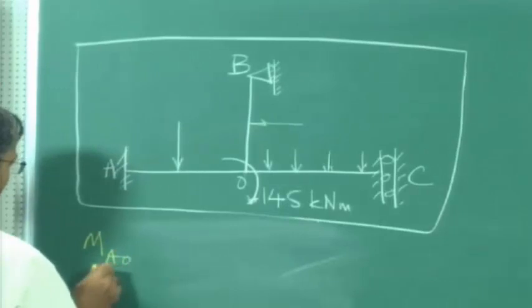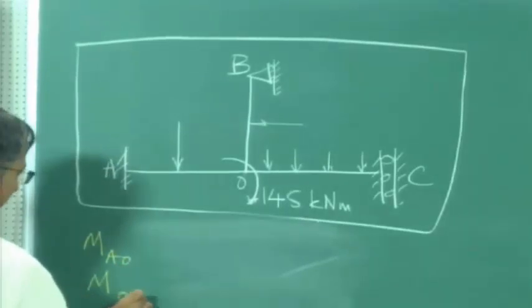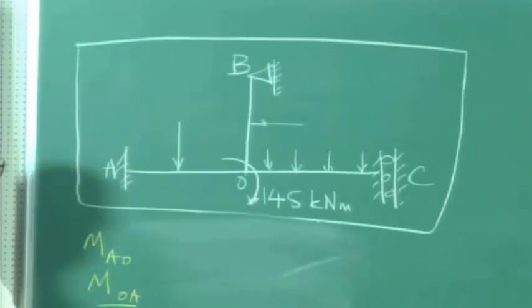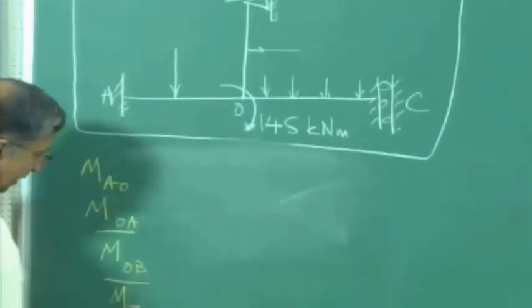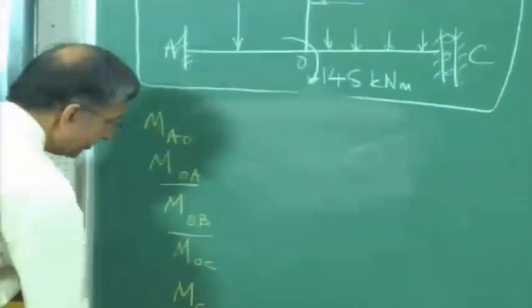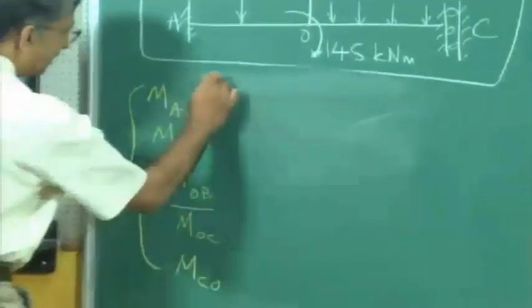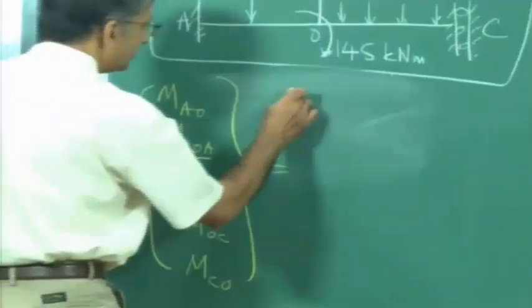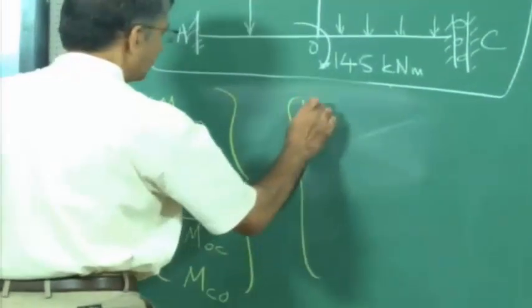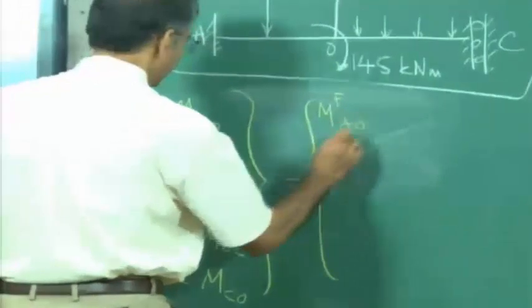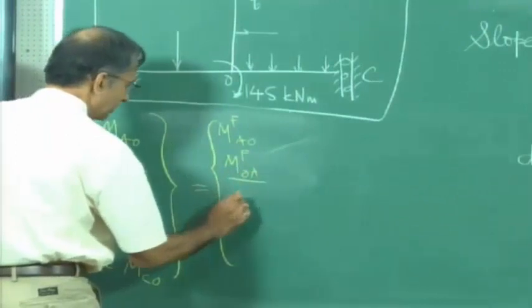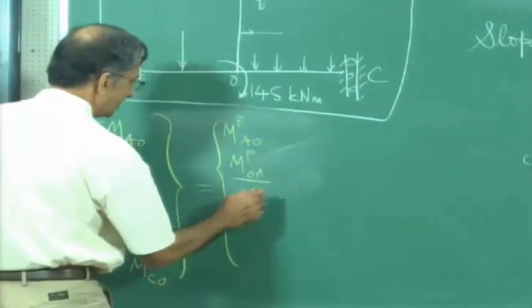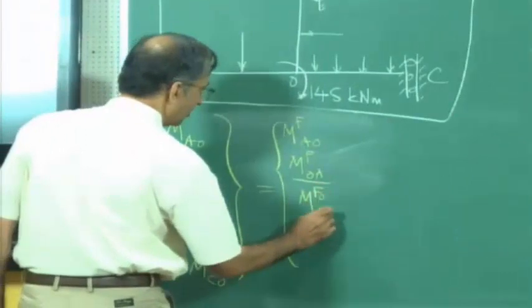MAO, MOA, MOB, MOC, MCO are equal to MF naught AO, MF naught OA, sorry, MF naught OB.